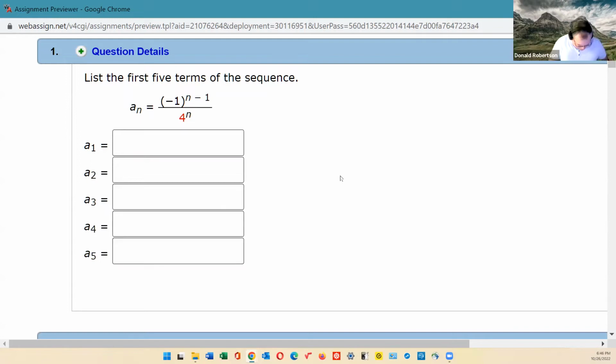Now, first things first. There is no mention here of to 2 decimal places or anything like that. So you don't just hit the button and write 0.12 or whatever you get, right? You want to keep the answers as exact. So, for instance, I want to find A3, right? It's negative 1 to the power of 2.